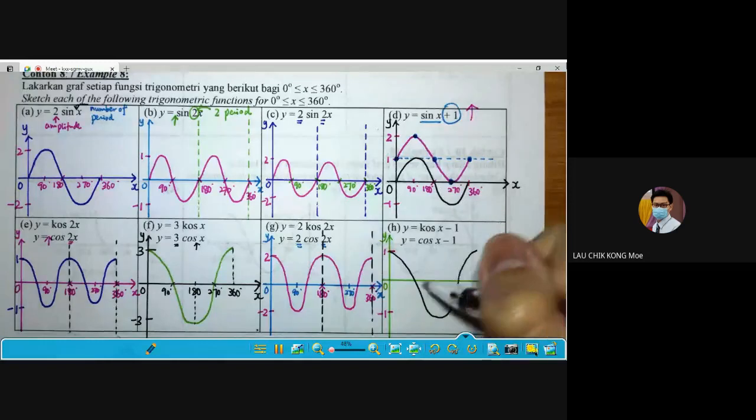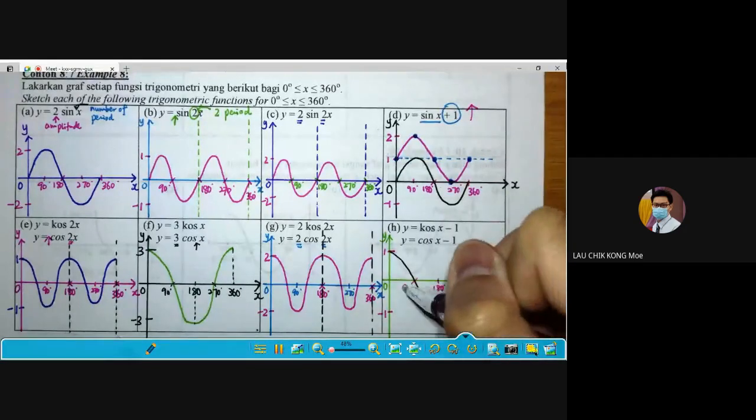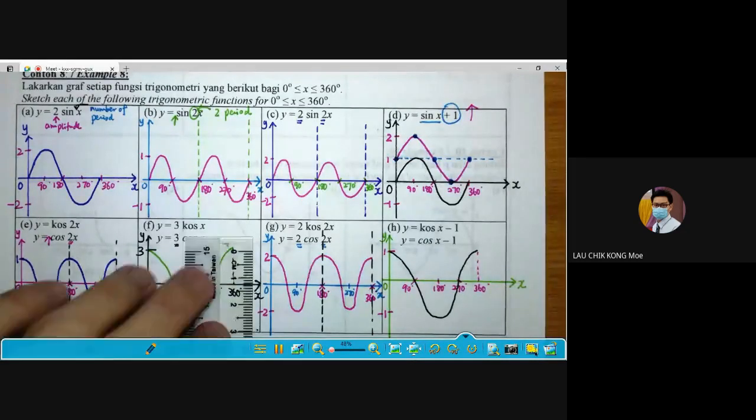Okay, and then this is 180, 360, and then in the middle is 270 and 90 degree. This is the cos X. But now we need to sketch cos X - 1. -1 means going down 1 unit. So means 0 to 1 to become 0, 0 to become -1, -1 to become -2. So we just need to add -2.